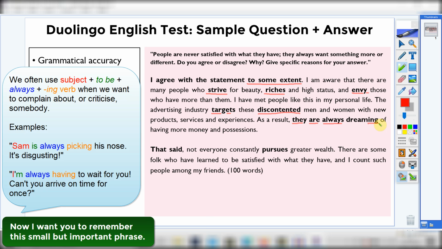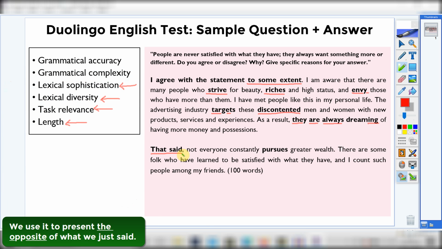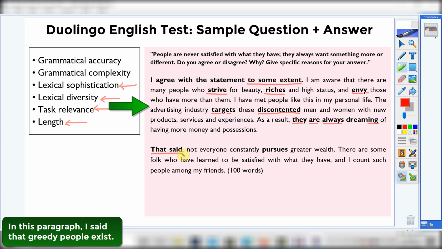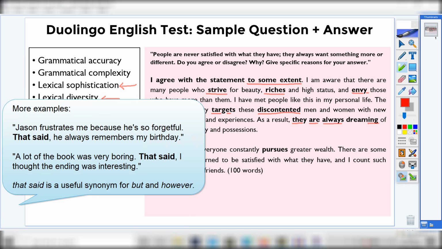Now I want you to remember this small but important phrase. We use it to present the opposite of what we just said. In this paragraph, I said that greedy people exist. In this paragraph, I gave the opposite point of view, that there are people who are contented and not greedy.